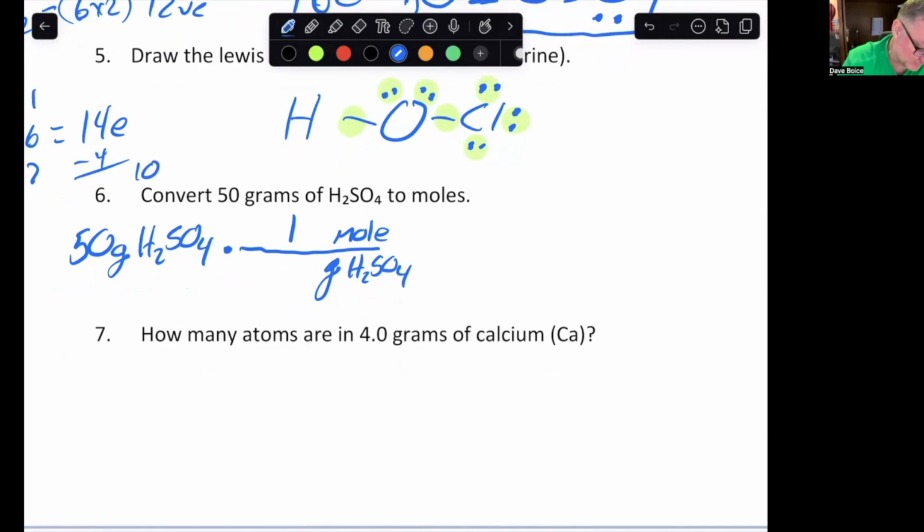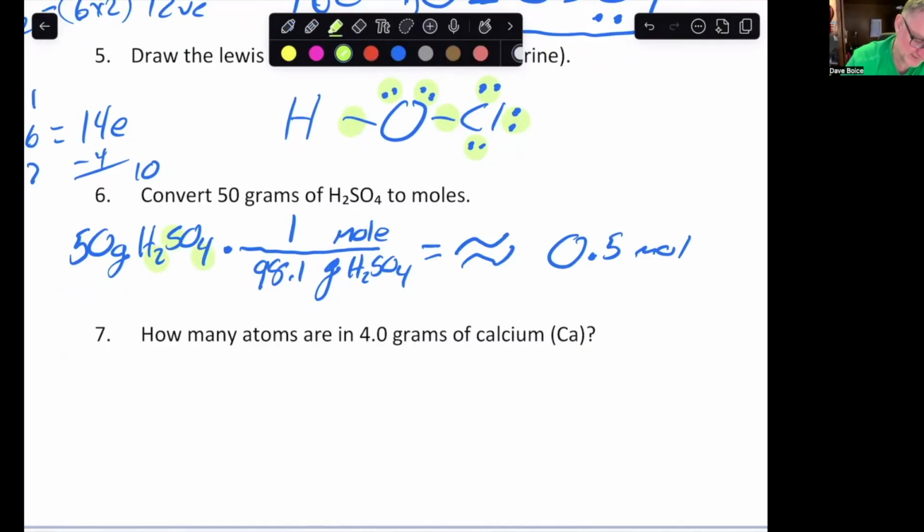So we're going to add together 2 hydrogens right here from the table, 1 sulfur, and 4 oxygens. And if you add all of that up in a calculator, it's going to come out to 98.1 grams. And 50 divided by 98 is going to be somewhere about 0.5 moles.